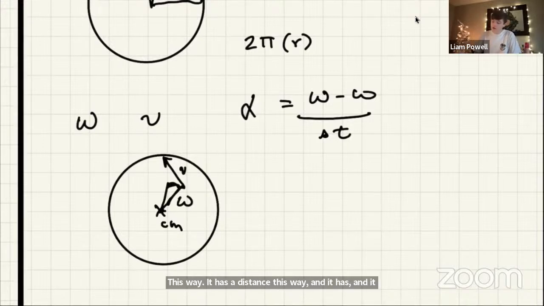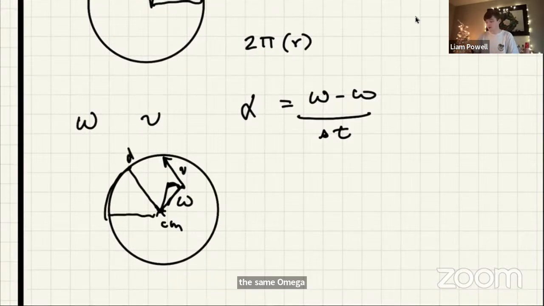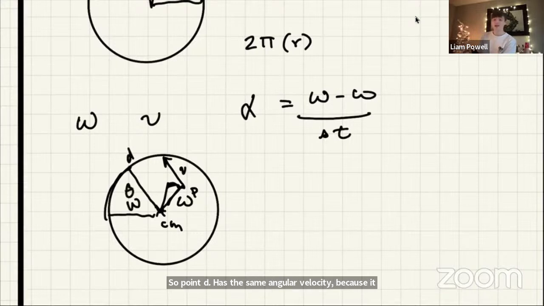While a point further away, let's call this point D, has the same omega. So point D has the same angular velocity because it covers the same angle. But as you go out from the circle, it has to cover more and more distance, so it has a higher speed v.